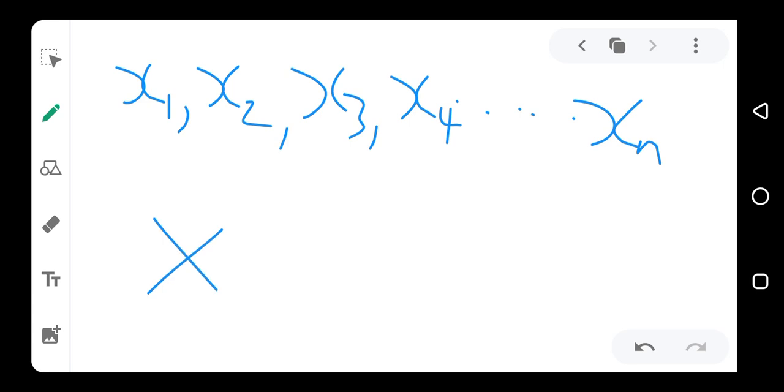We represent mean by this big X, and then we cross it at the top. We call it x bar. So mean is equal to sigma x all over n.